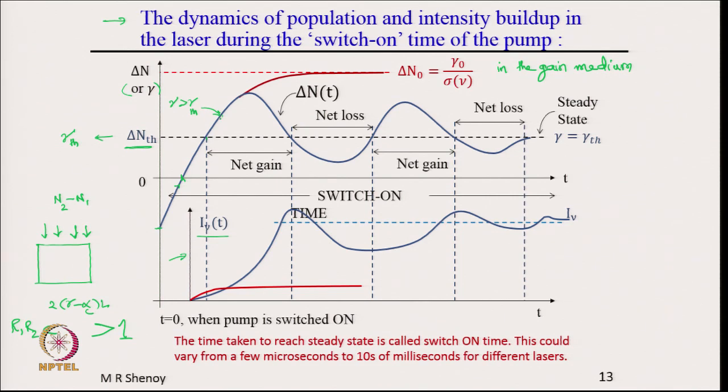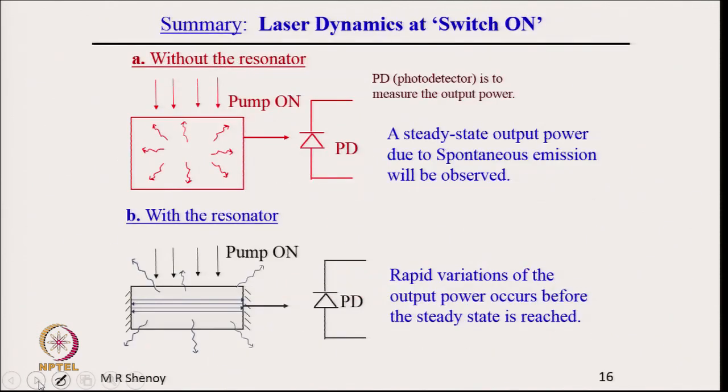If the resonator were present, the moment gamma exceeds gamma threshold, intensity inside the resonator starts building up exponentially. We recall this discussion and this diagram here.